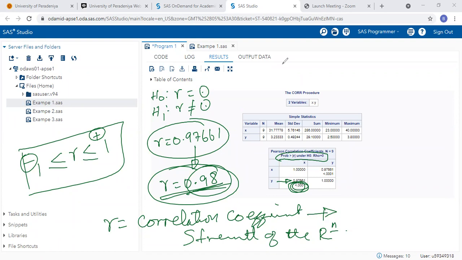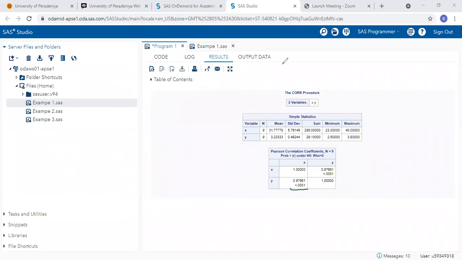Look at here. I will just erase it. Here the p-value for R is 0.0001, even less than that. Now, in another case, for R, I have a p-value of, let's say, 0.0455.